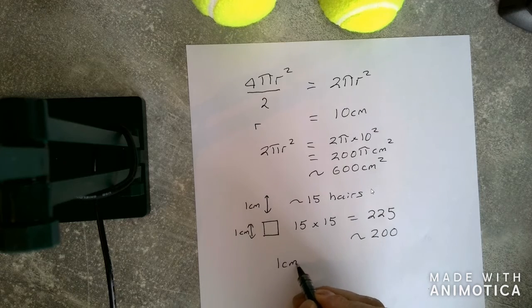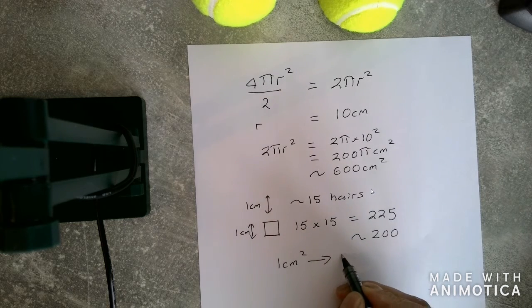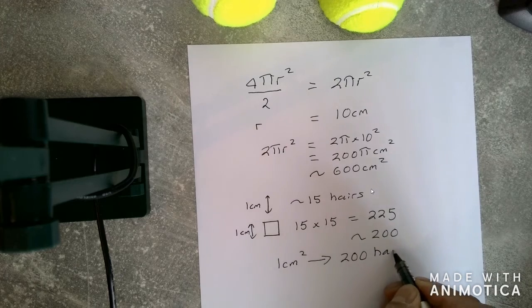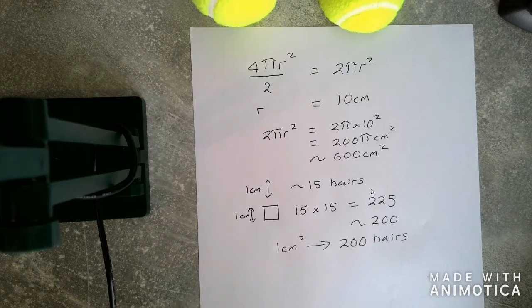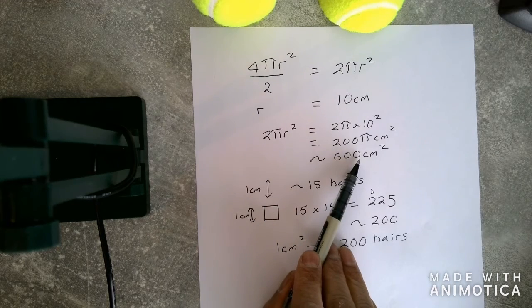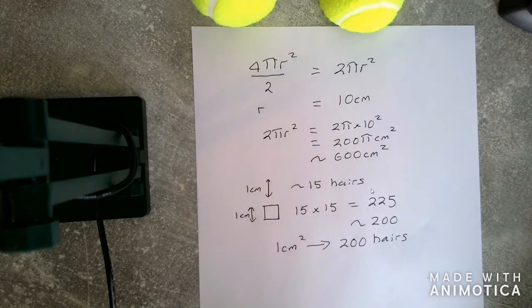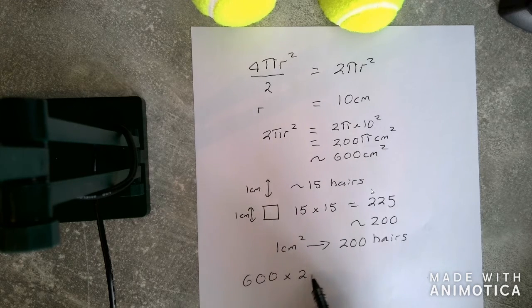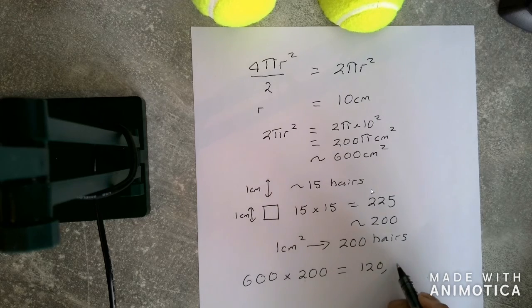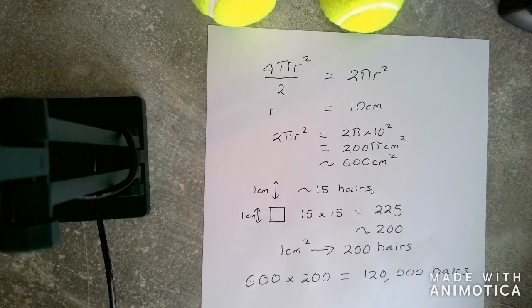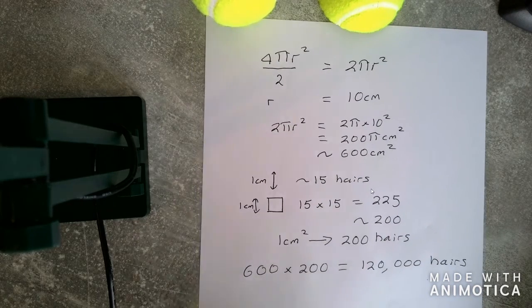So in 1 centimetre squared I would find approximately 200 hairs. So if the surface area of the human head covered in hair is 600, the number of hairs I would find on the human head are 600 times 200, and so you would get a final answer of 120,000 hairs.